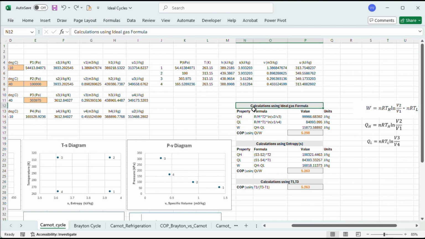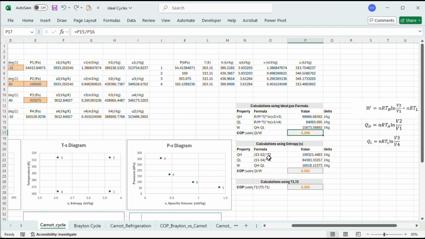I've done the calculations in three different ways. First one using the ideal gas formula, so the work done for ideal gases. So we know the QH, QL values calculated using the ideal gas formula, and then W calculated using QH minus QL and COP calculated that way.